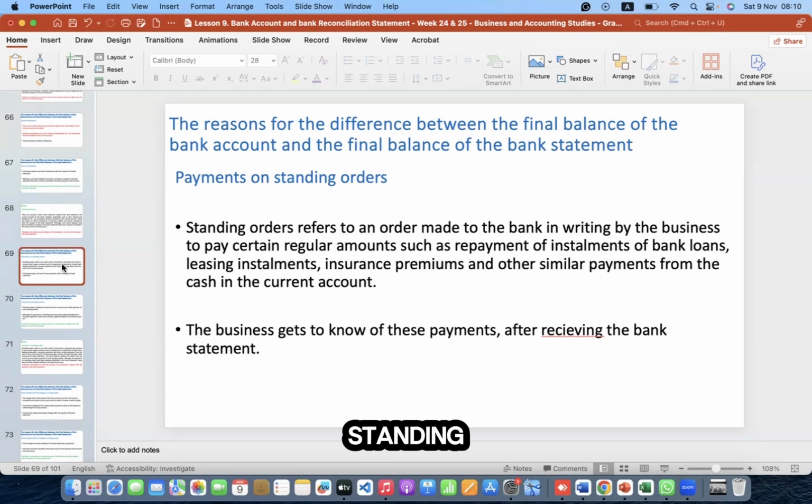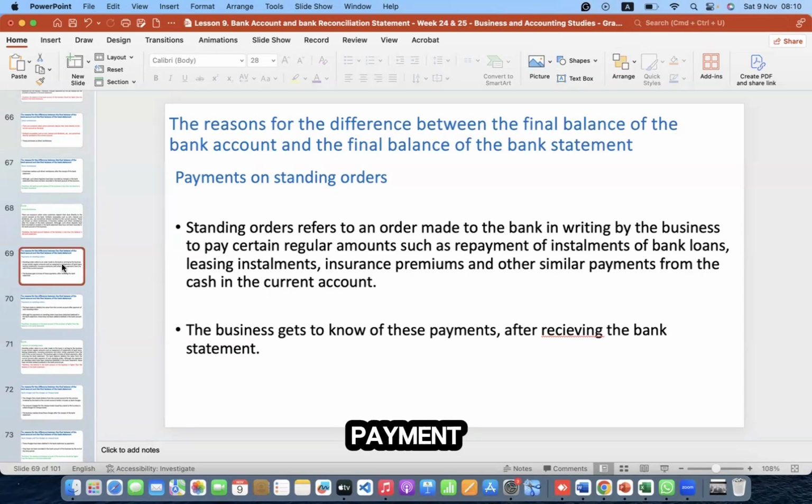Once you give a standing order, you can instruct the bank to pay on a particular day a particular amount to a party decided by you. So on that day, you need not go to the bank and make the payment. Instead, these payments are processed electronically.